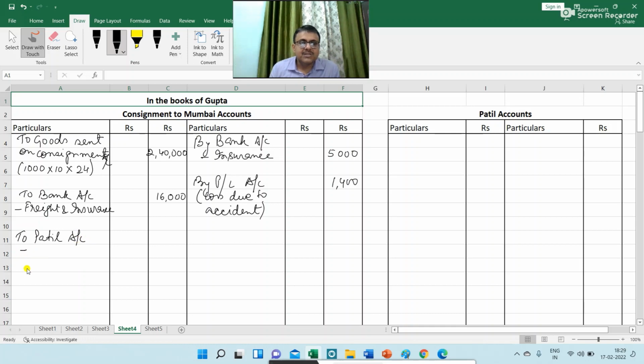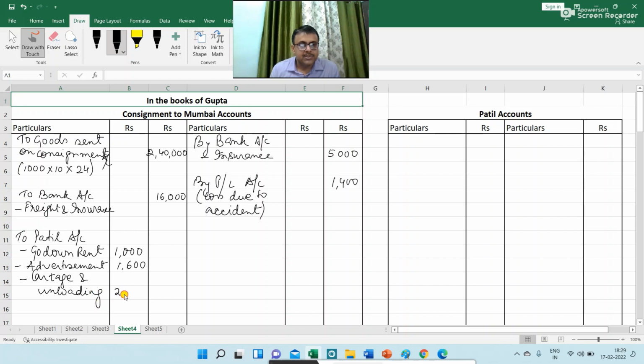So what are the expenses he has incurred? Number one is the godown rent, which is rupees 1,000. Next is advertisement, and the amount incurred is 1,600. Next is cartage and unloading.